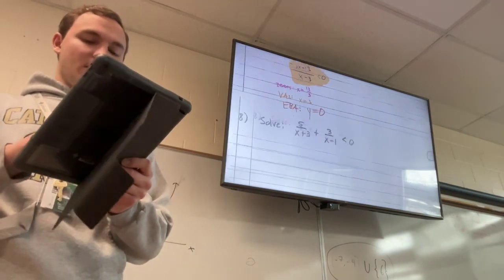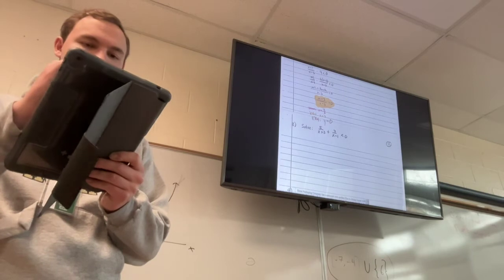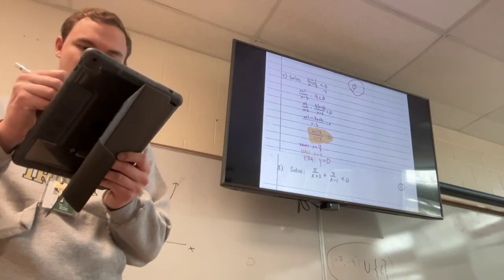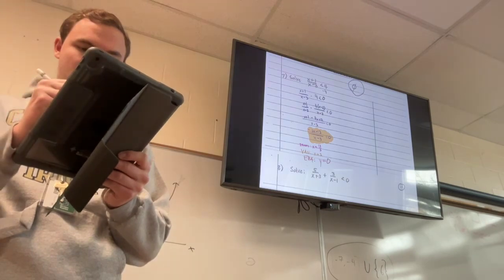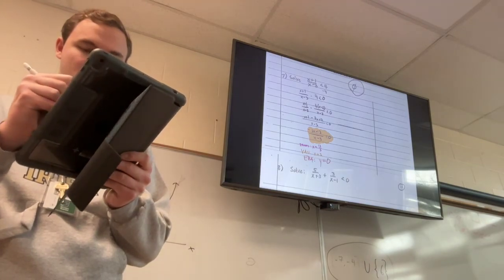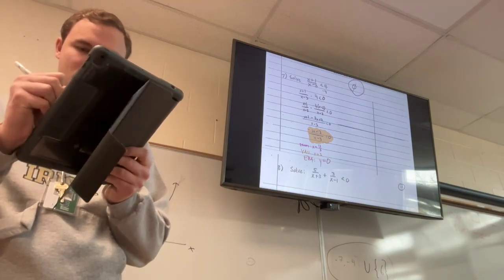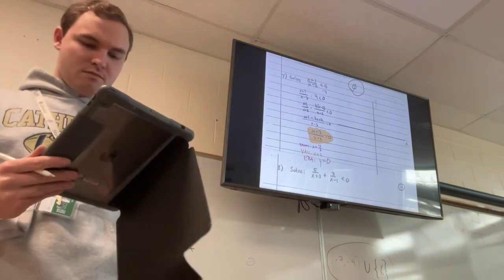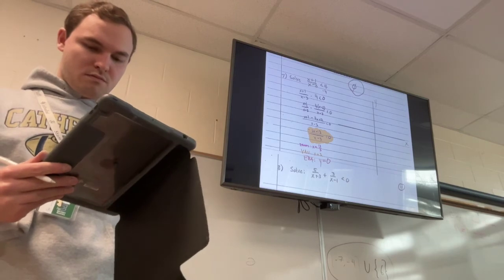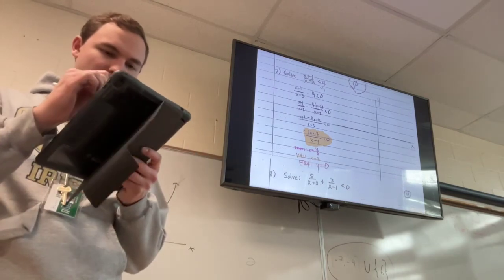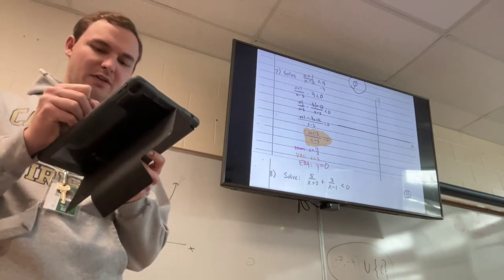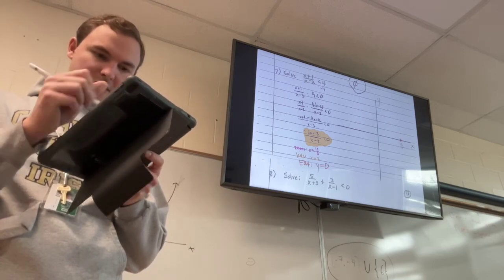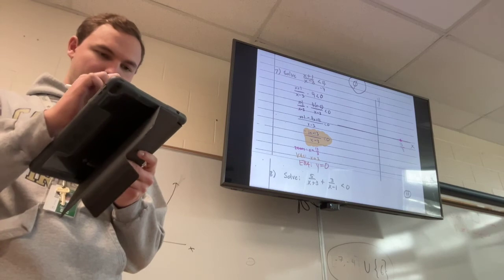All right, so let's graph this real quick. Let's put our zero on there. 13 over 3 is a little over 4. Let's put our vertical asymptote on there.